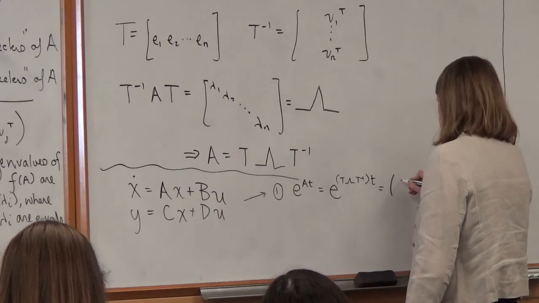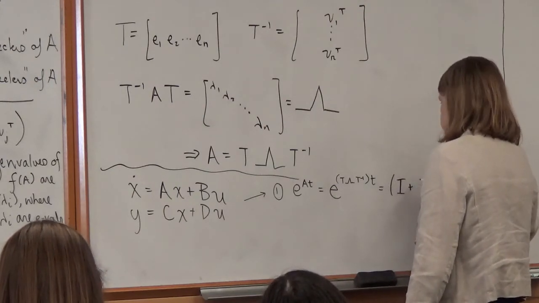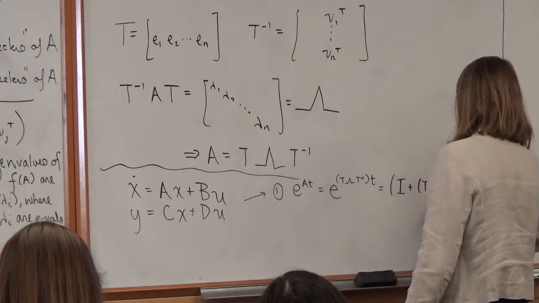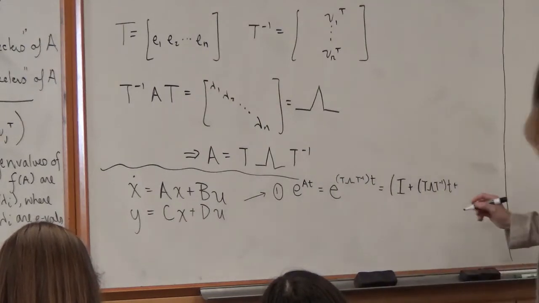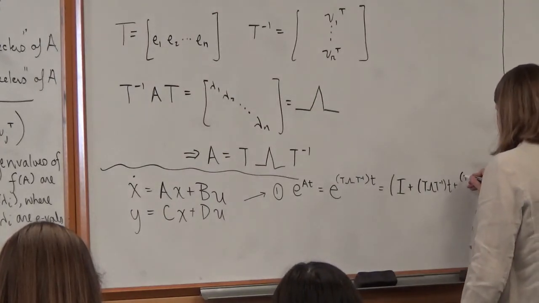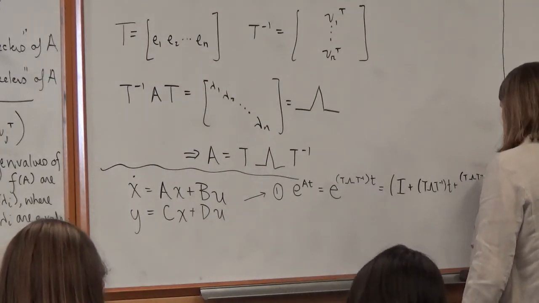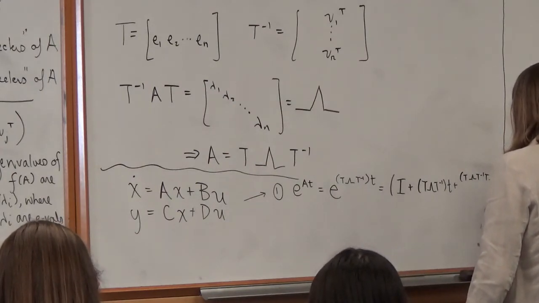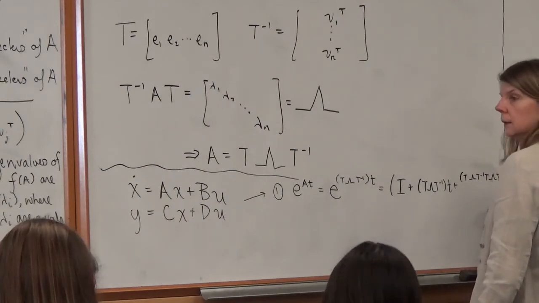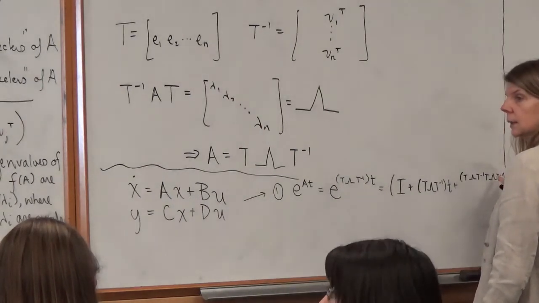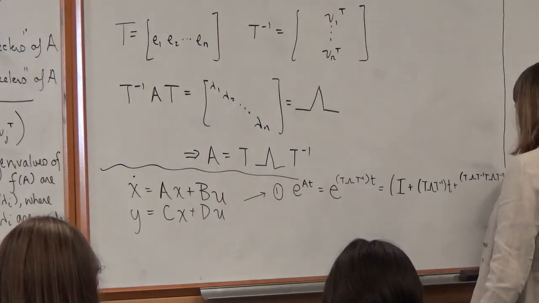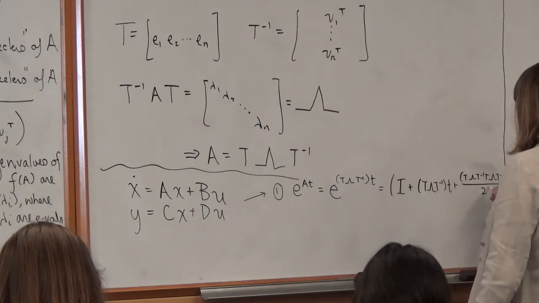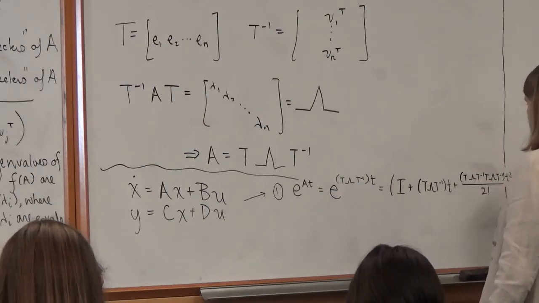So that's I plus T lambda T inverse t plus T lambda T inverse T lambda T inverse t squared over 2 factorial plus dot dot dot.